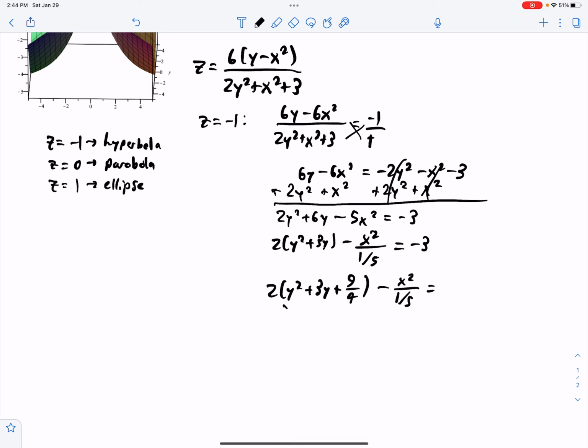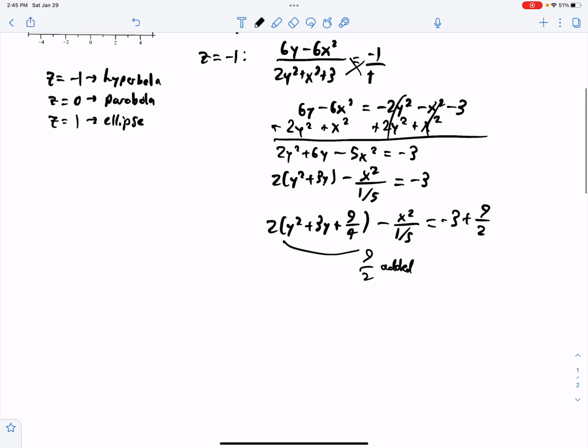And since I added 9 halves to the left-hand side, I'm going to add 9 halves to the right as well. So we're going to have 2 times the quantity y plus 3 halves quantity squared minus x squared over 1/5 equals, let's see, -3, -6 over 2 plus 9 over 2, that's going to be 3 halves.